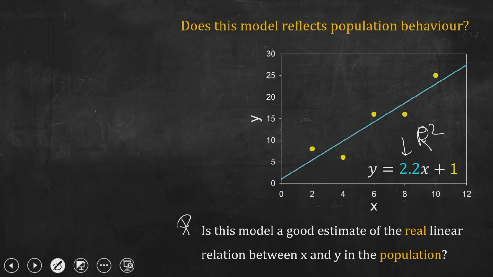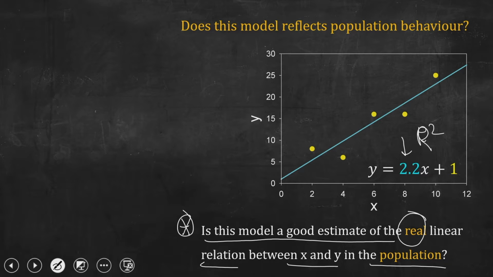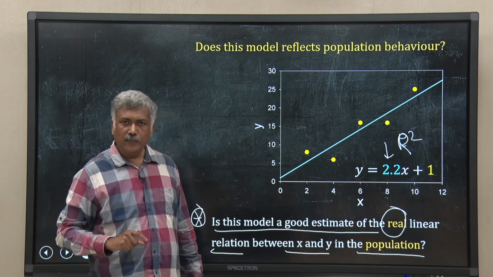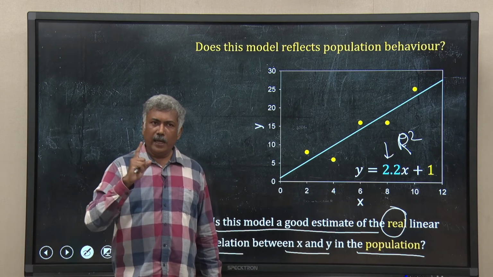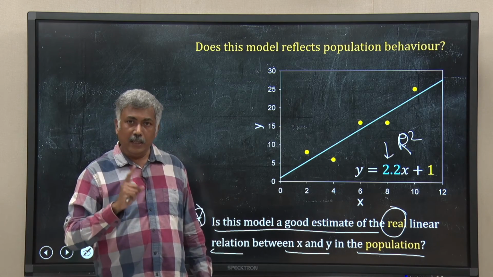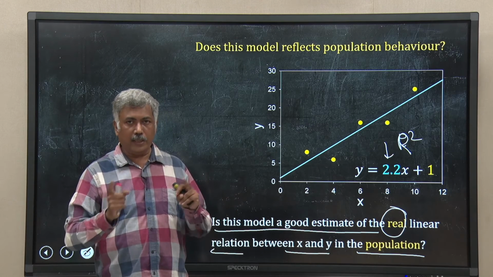Let me word it correctly. So, the question is, is this model a good estimate of the real linear relation between x and y in the population? Just to remind you, in that test of significance lecture, we discussed this issue of population and sample.